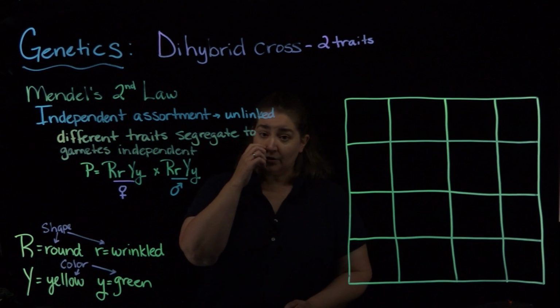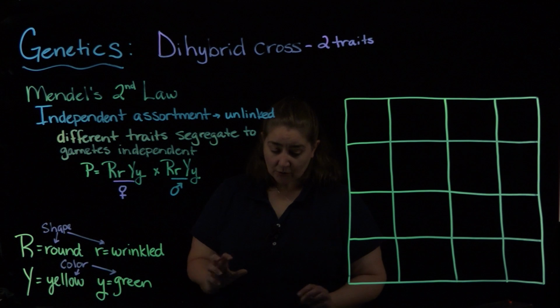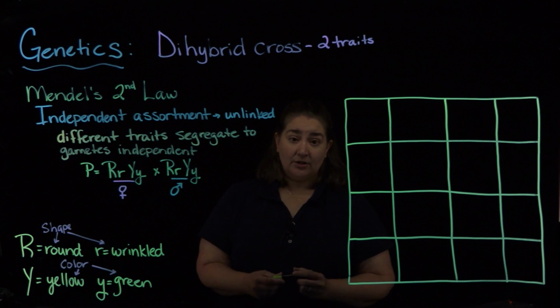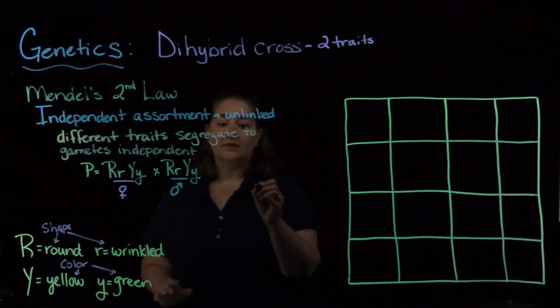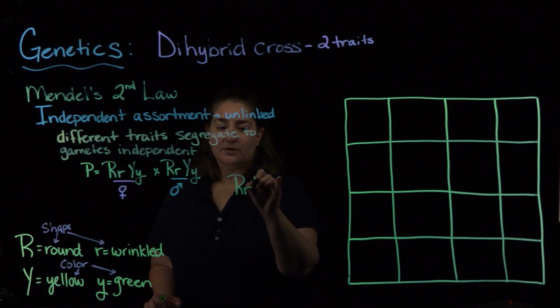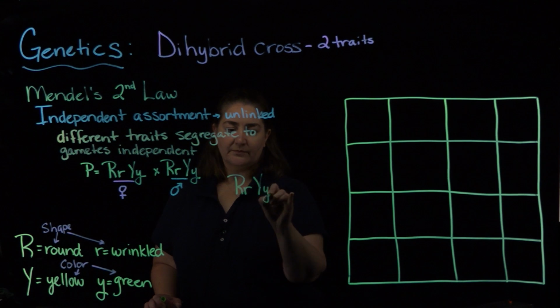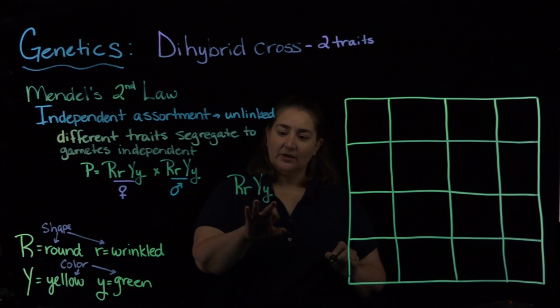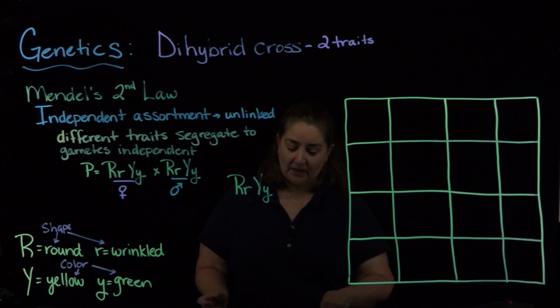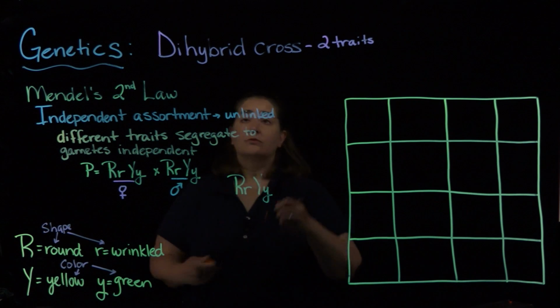But for now, we're going to go through this using a parent that is heterozygous for each locus. You want to keep the two letters together, so you want to keep the R's together and the Y's together in this example.